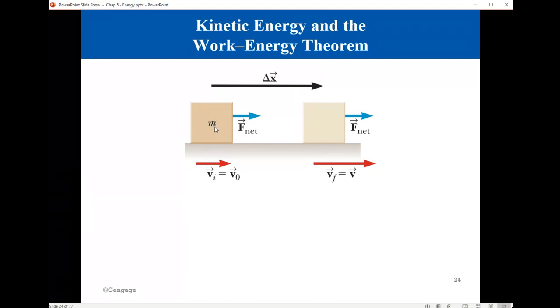We have this mass, we have this applied force, the net external force F net. The object is moving with some initial velocity, Vi equals V naught.